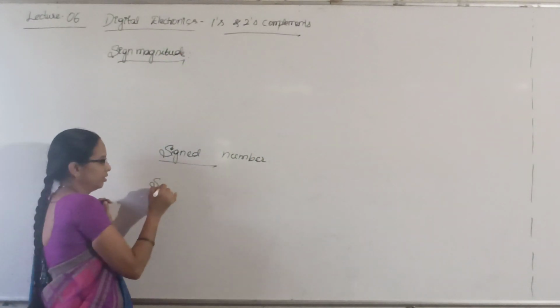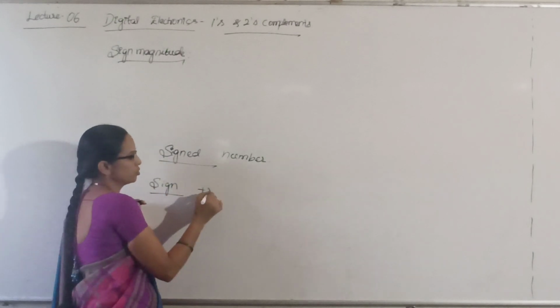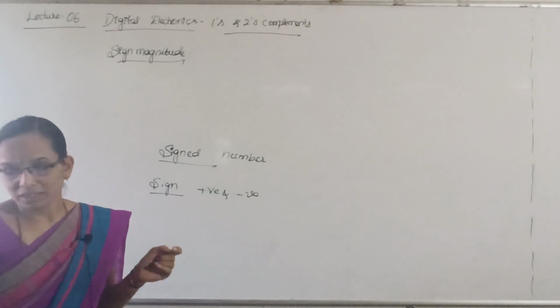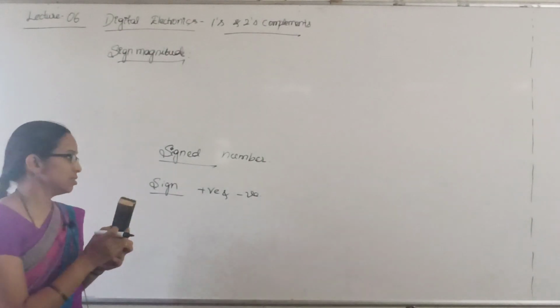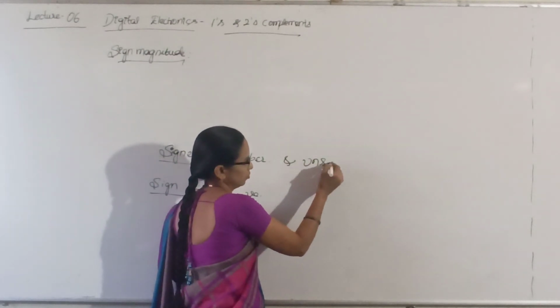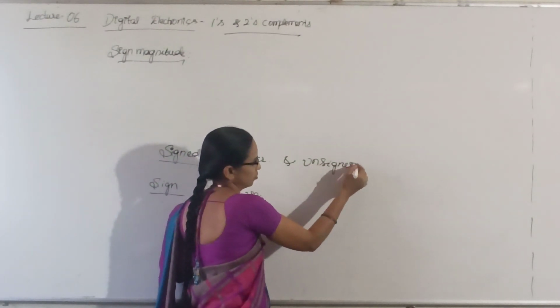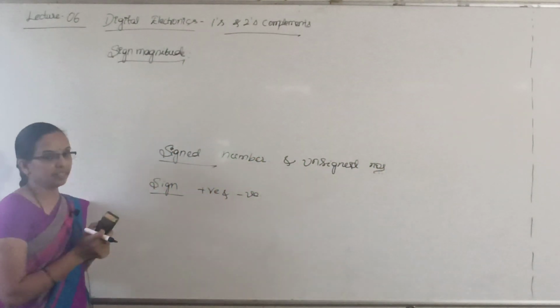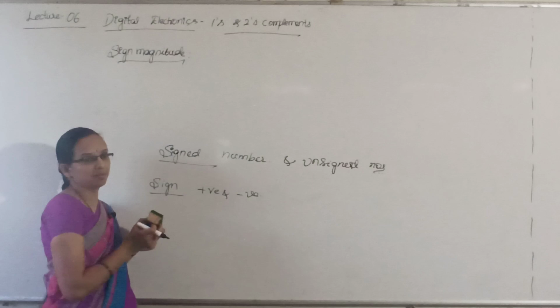You know about sign, right? That is the positive and negative sign. Usually there are signed numbers and unsigned numbers. What do you mean by unsigned numbers? What do you mean by signed numbers?